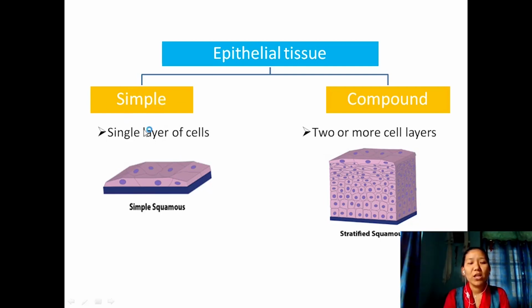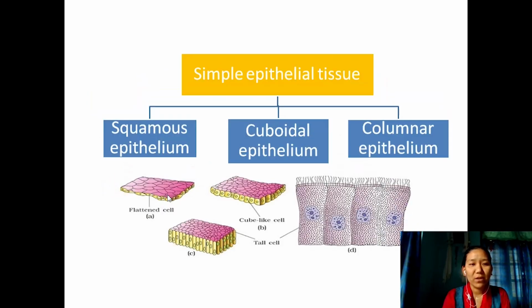If it has two or more layers of cells, we call it compound epithelial tissue or stratified tissue. Is it clear? So based on the number of layers, epithelial tissues are classified into simple and compound epithelial tissue. Now let us look at the simple epithelial tissues, which, as discussed earlier, have three basic shapes.